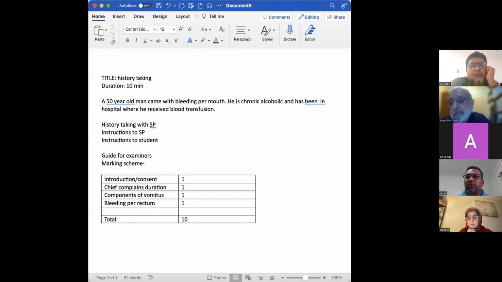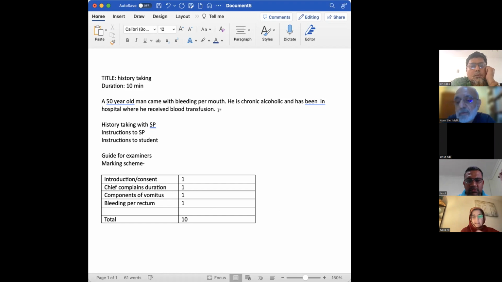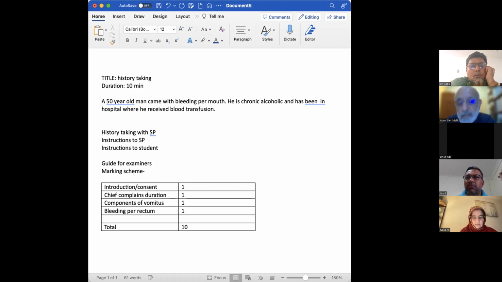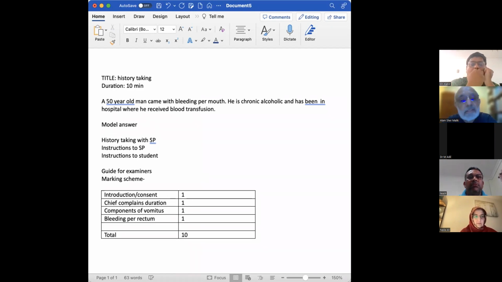Right, I mean, you have to first write the questions which you think students should ask. So you have this scenario, then is sort of your model answer. Once you have written your model answer, then the marking scheme would be easy to do, right?